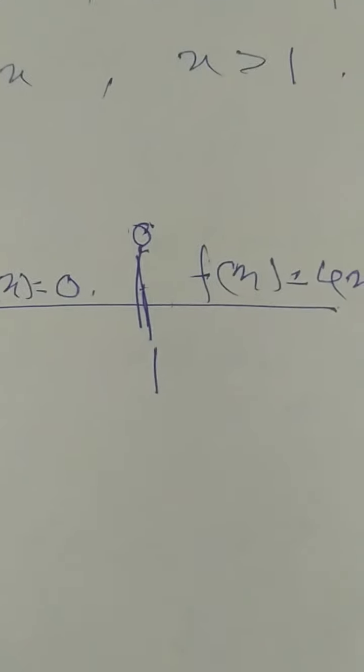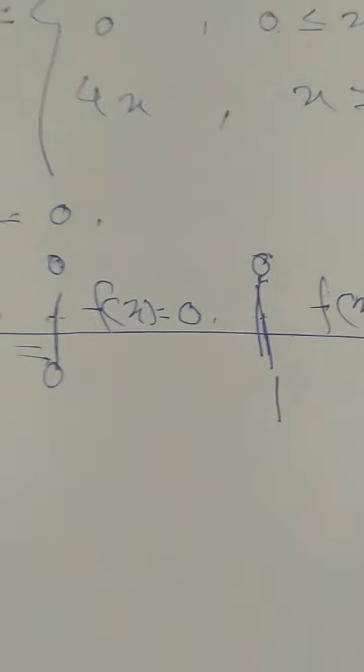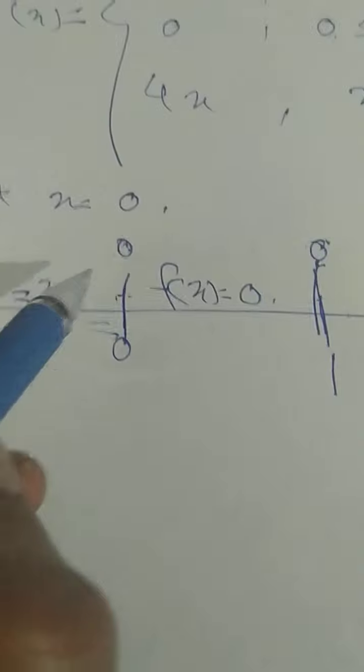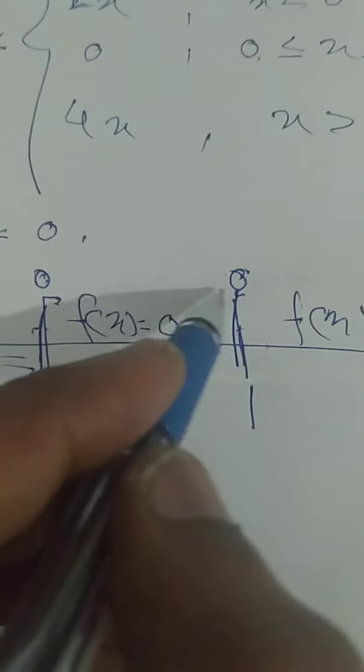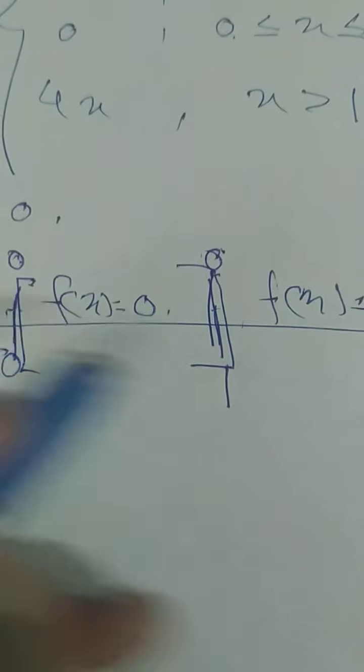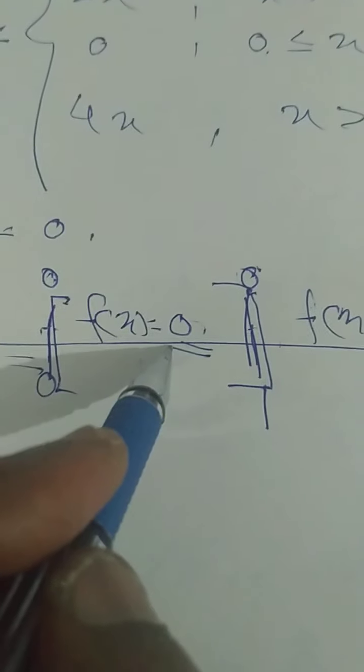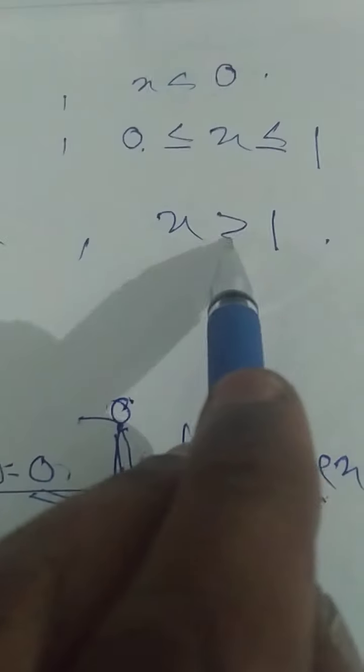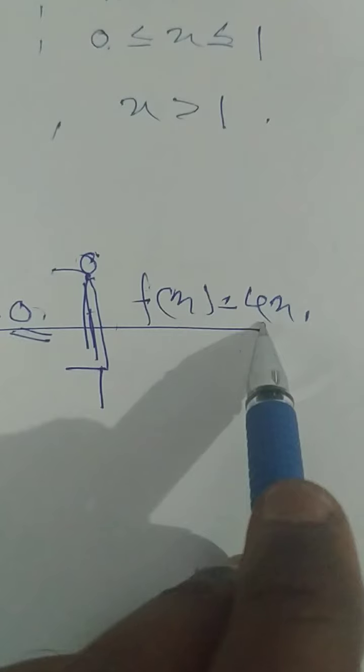So this is the definition that we see. In between 0 and 1, the points 0 and 1 are also included, and it is defined by 0. For the values less than 0 the function is defined by 2x, and for the values greater than 1 the function is defined by 4x.